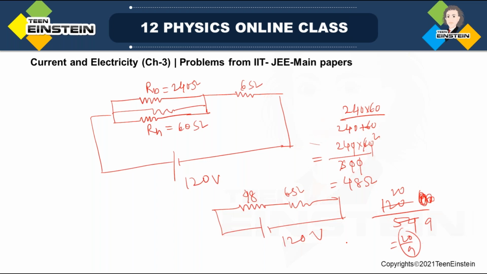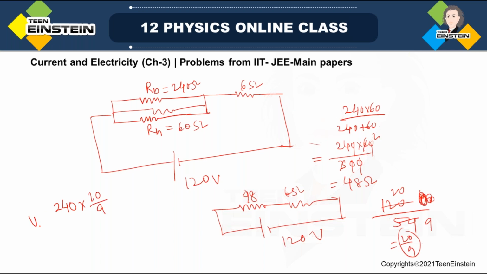What will the voltage be then? The voltage will be I into R across the bulb, so 240 into 20 by 9.